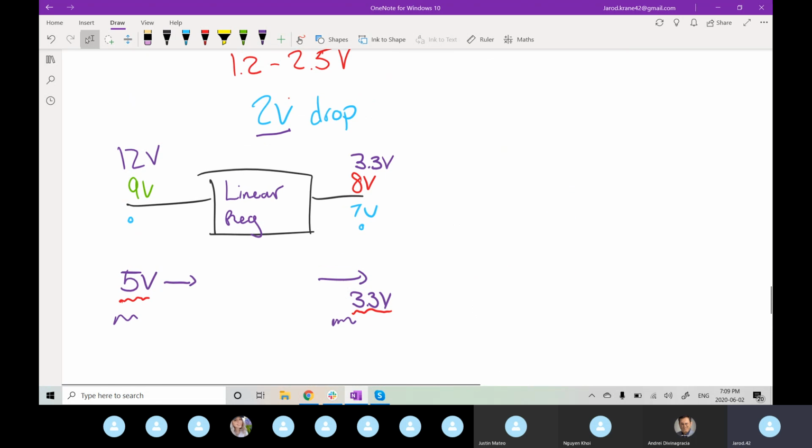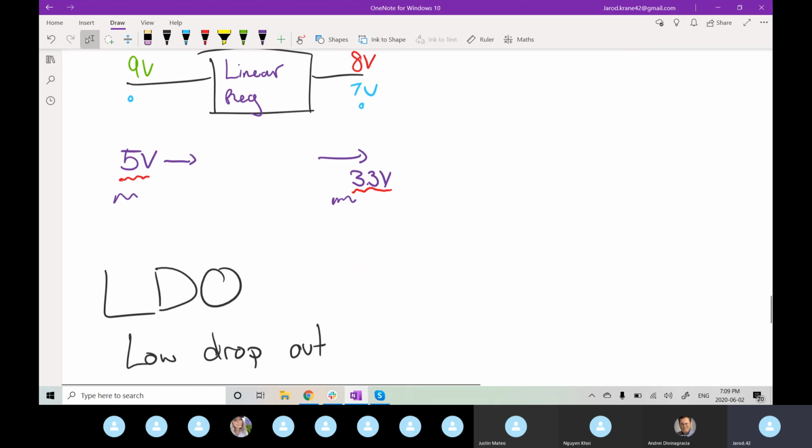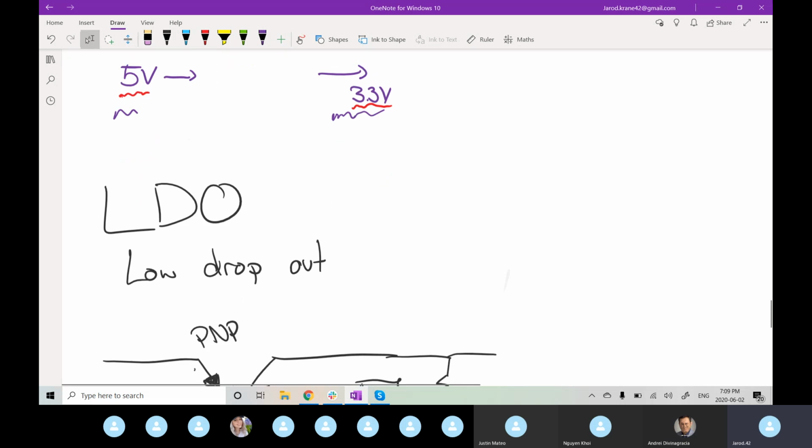But where you start to distinguish becomes more in the finer drops. So if you only have 5 volts coming into your board, and you need to be able to power pins, or send to microcontroller pins, then you're going to need to hit that finer step down to be able to hit the okay value of 3.3.